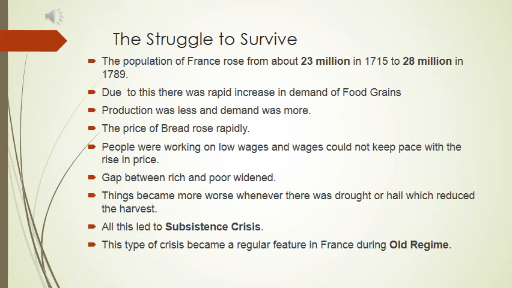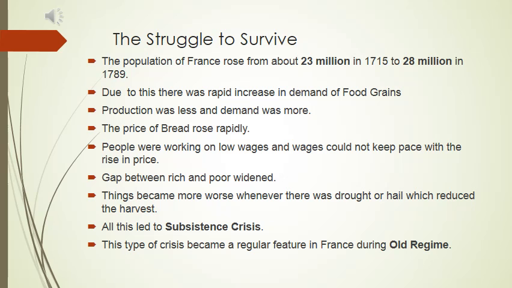So people were working in the society. We see that the people who were working as workers or laborers were working on very low wages. Wages means the salary. The salary given to them was very little, and the price of goods was more.